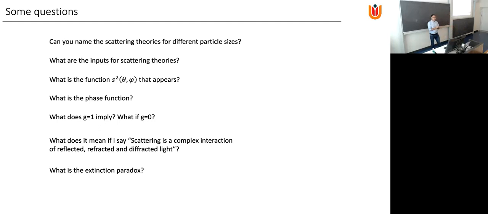And what other property of the particle do you need to know? Yeah, exactly, the refractive index. So you also need to know the refractive index of the particle and, to be complete, also of the medium that the particle is living in.